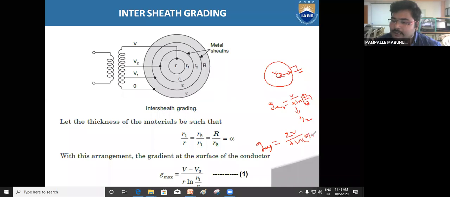This is the maximum dielectric stress, or potential gradient, at the surface of the conductor. Simply you can write this as V by (d by 2) into log (capital D by small d).